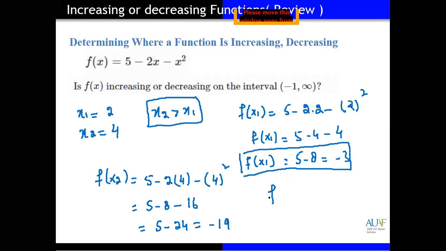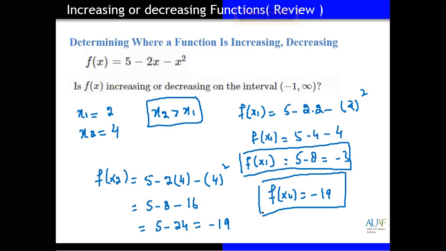F of x2 equal to minus 19. So what do you think? Is this function an increasing function or a decreasing function? It's decreasing. Yes, because f of x1 is greater than f of x2. Like minus 3 is greater than minus 19. So this function is a decreasing function.